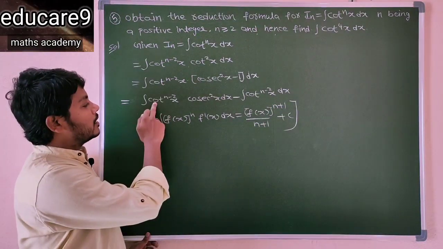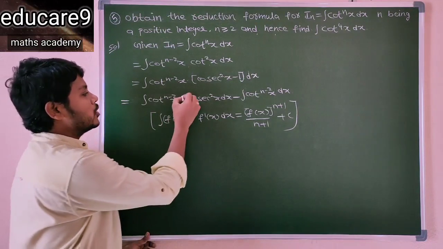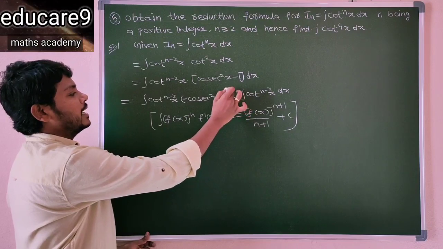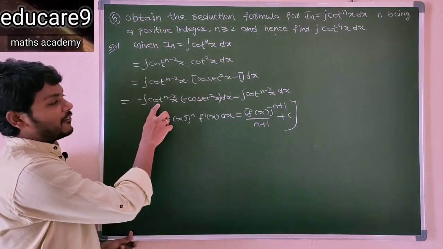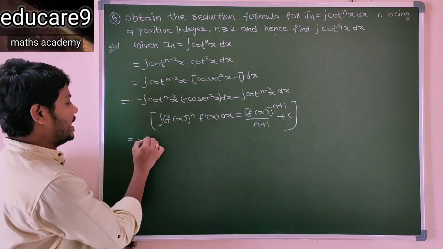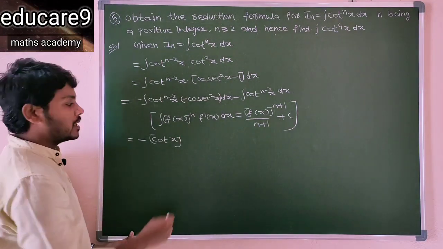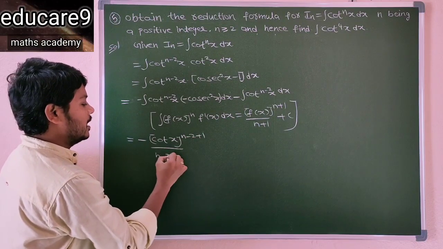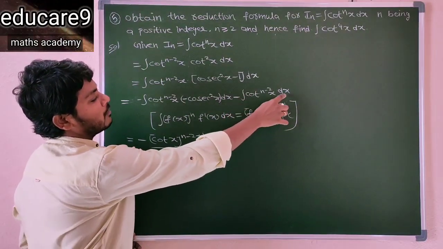So see here, f(x) is cot x. So derivative of cot x is minus cosec^2 x. So here you want minus. So that's why this can be written as minus into minus. Now it is in the form of f(x) whole to the power n into f dash x. So you have to apply this formula, that is minus cot x whole to the power n minus 2 plus 1, that is n minus 1, by n minus 2 plus 1, minus integration of cot^(n-2) x dx.